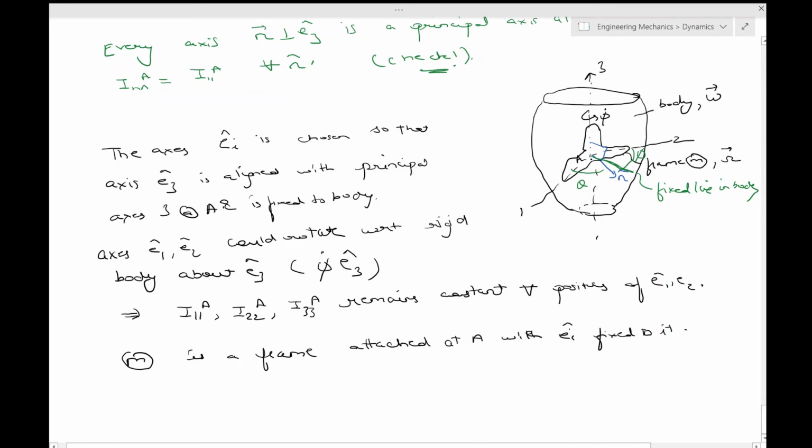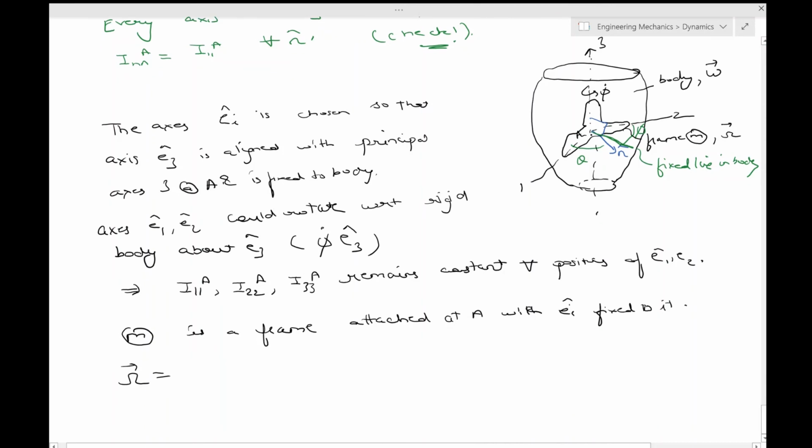So let me write it out first. The big Omega of the frame M is written as Omega_1 E1 hat plus Omega_2 E2 hat plus Omega_3 E3 hat. Okay, this would be written as omega plus phi dot E3.